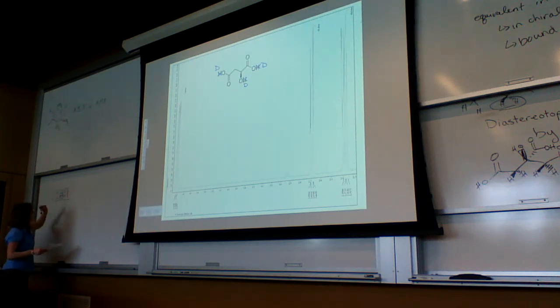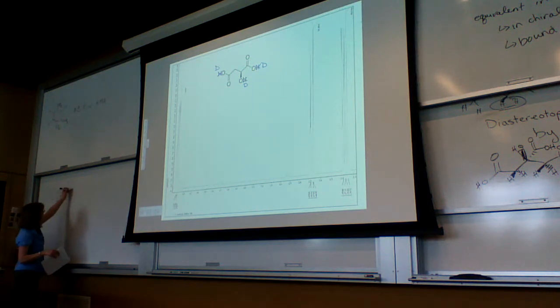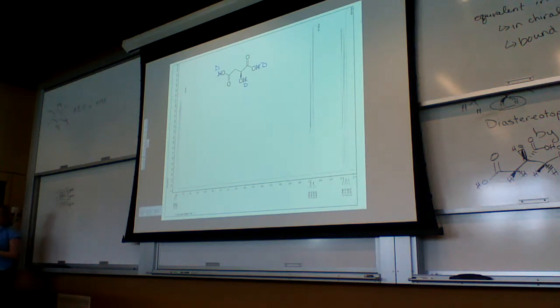So you have to subtract those to see the distance between them. Remember that these are in parts per million. And so you get 0.0050 parts per million distance between them.